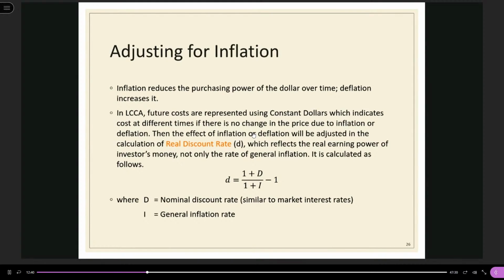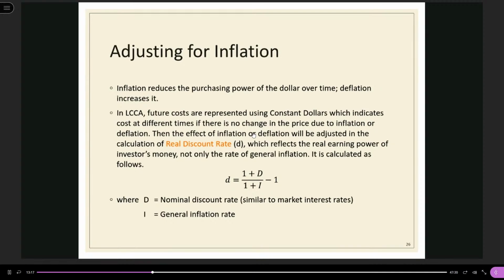Next, adjusting for inflation. Inflation reduces the purchasing power of the dollar over time, and deflation increases it. In life cycle cost analysis, future costs are represented using constant dollars, which indicates costs at different times if there is no change in the price due to inflation or deflation.